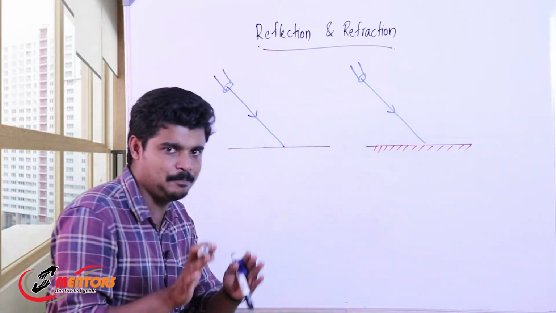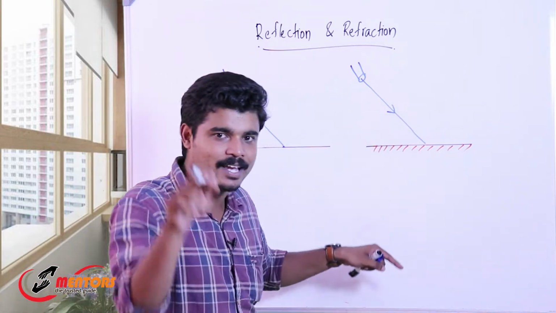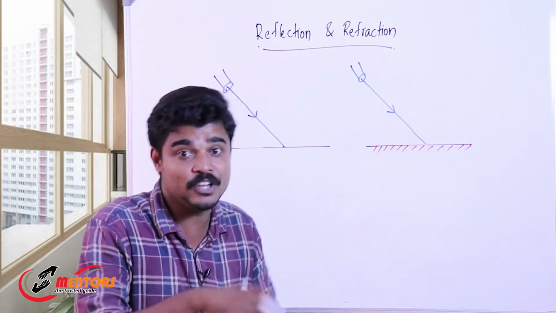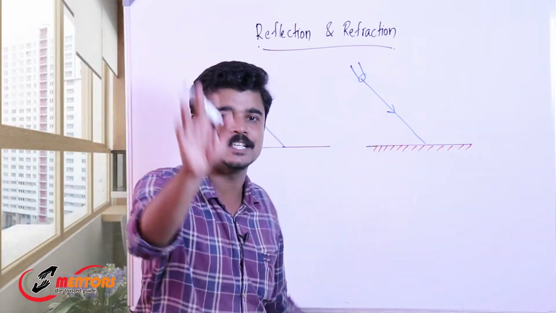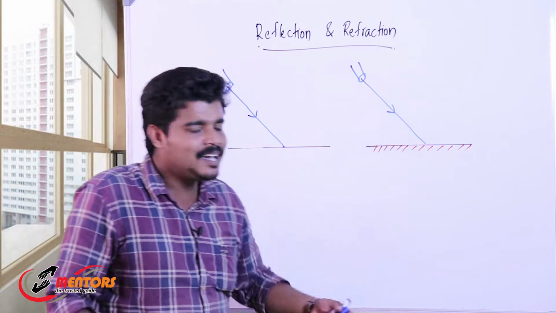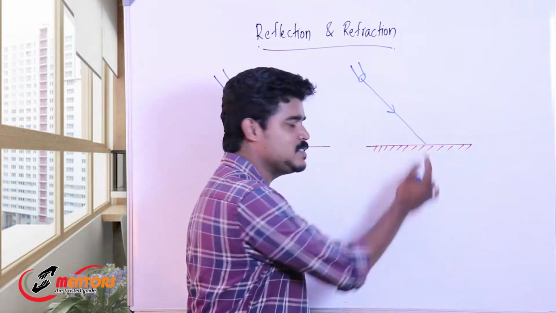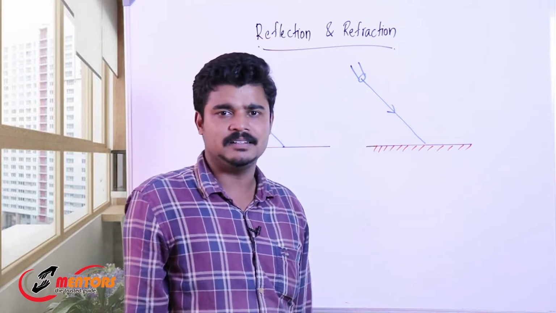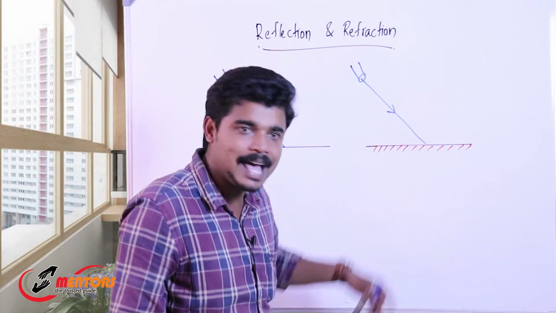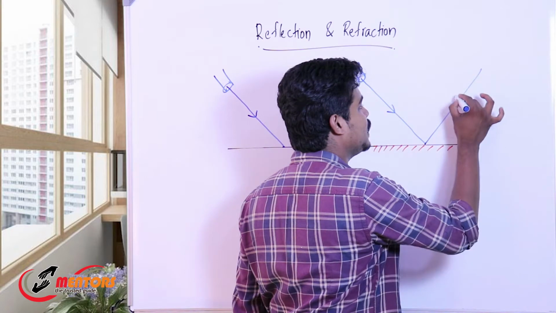What happens when this light ray hits the surface whose other side is blocked? The light ray can't enter this surface, because the other side is blocked, and as a result, this light ray is returning back here.